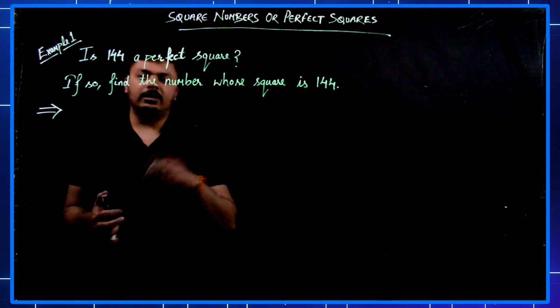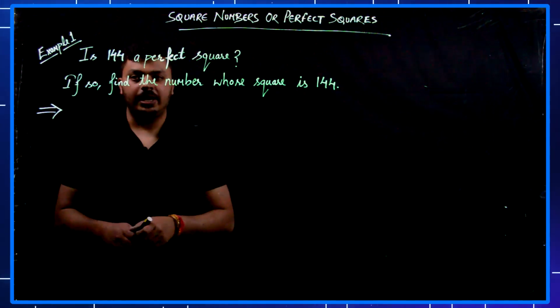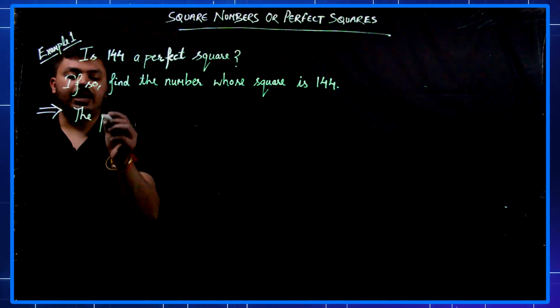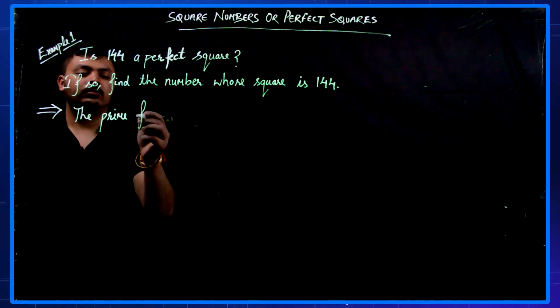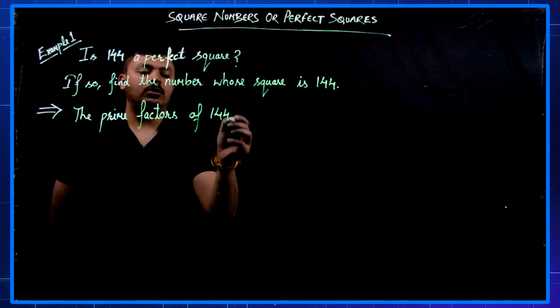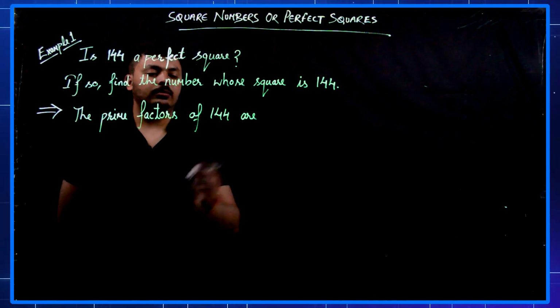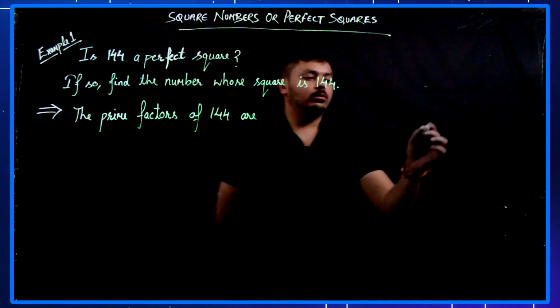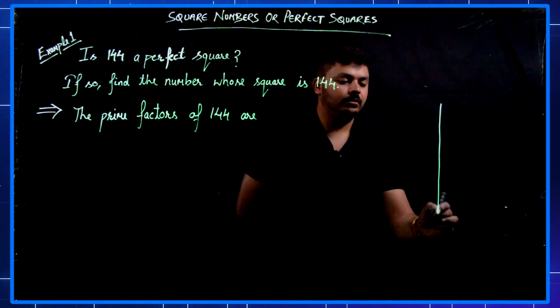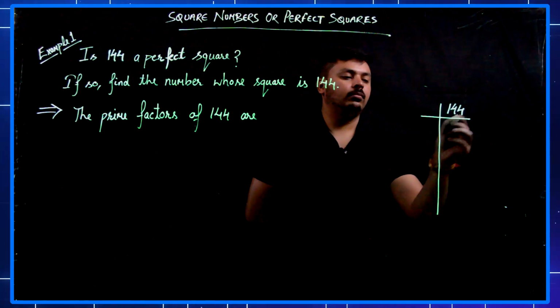Example 1. To find the number whose square is 144, we need to find the prime factors of 144. So we find the prime factors.